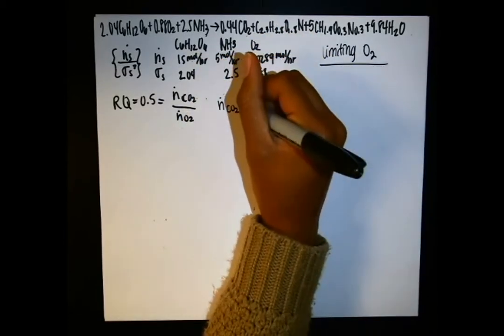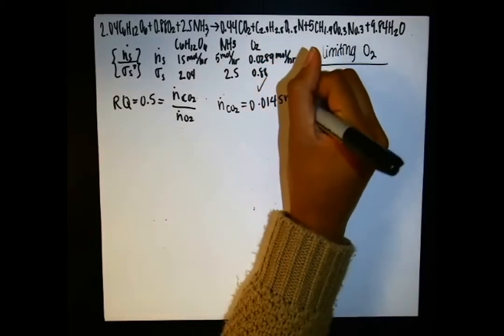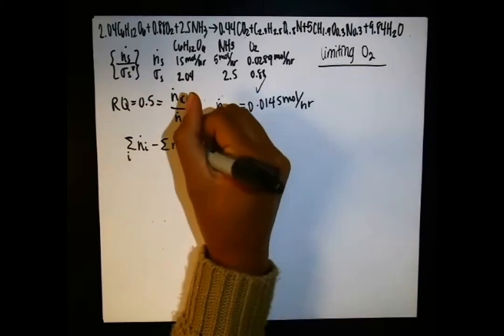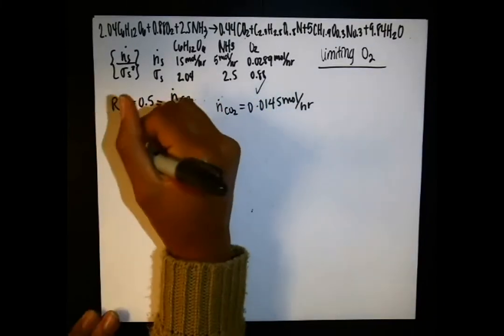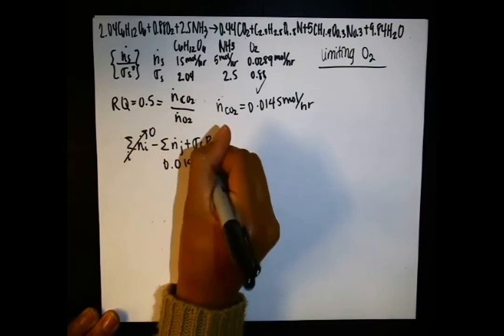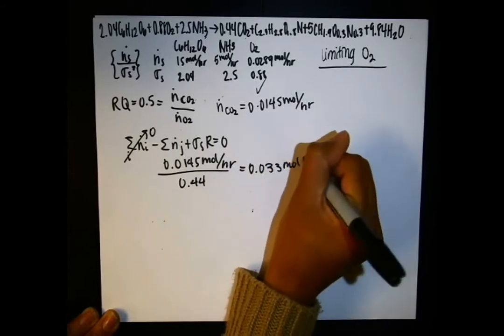Then we solve that the molar flow rate of oxygen is 0.0145 moles per hour. And since no CO2 is entering the system, we can cancel out the molar flow rate of CO2 in, and then we can solve for R, which is equal to 0.033 moles per hour.